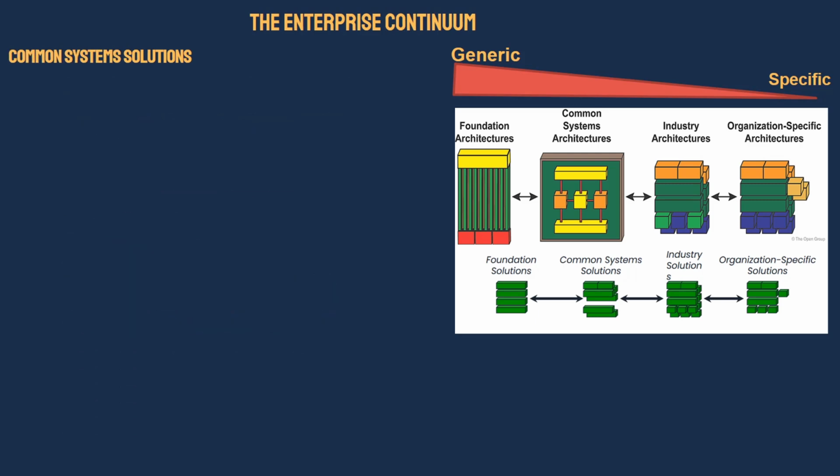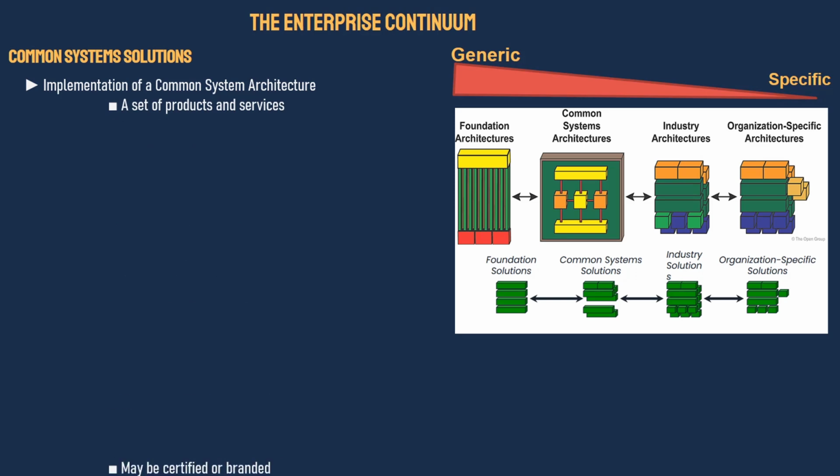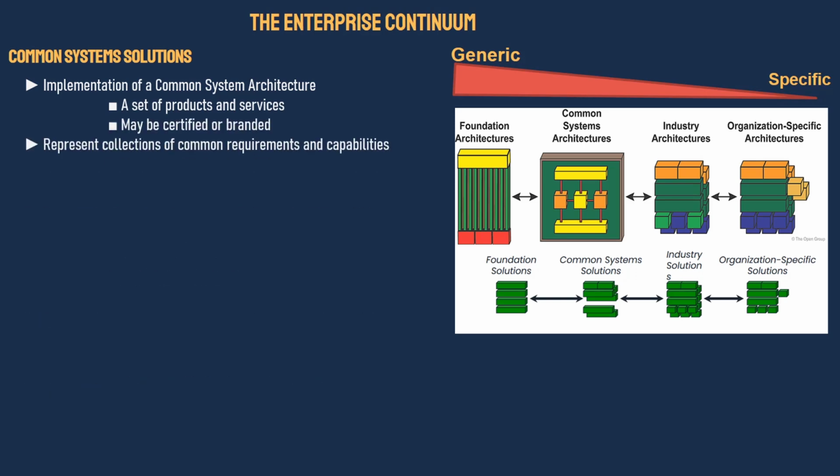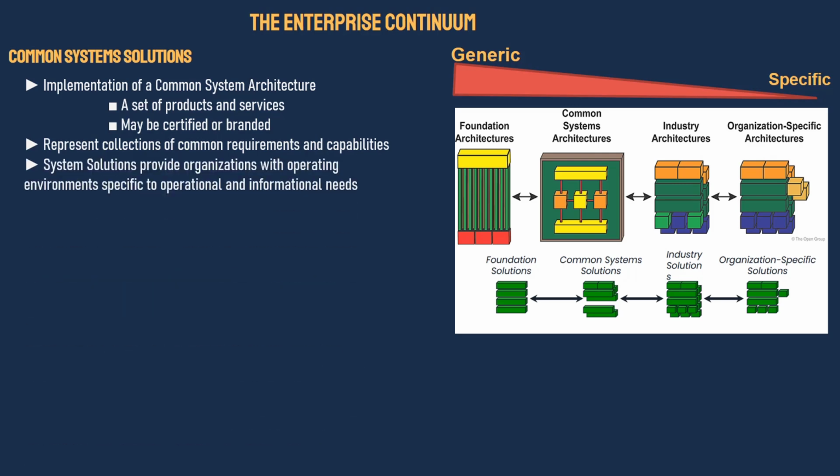Common systems solutions: implementation of a common systems architecture, a set of products and services that may be certified or branded, representing a collection of common requirements and capabilities. System solutions provide the organization with operation environments specific to operational and informational needs.